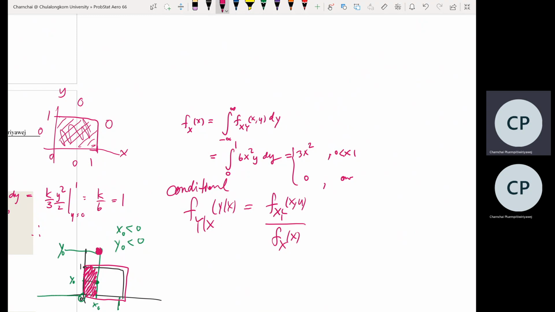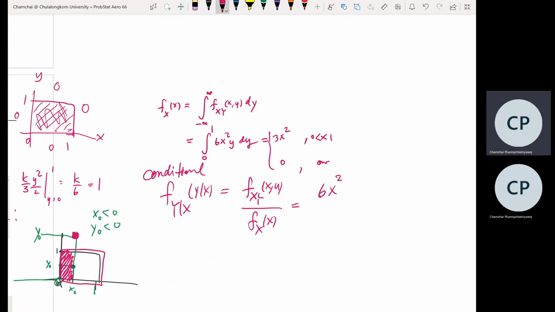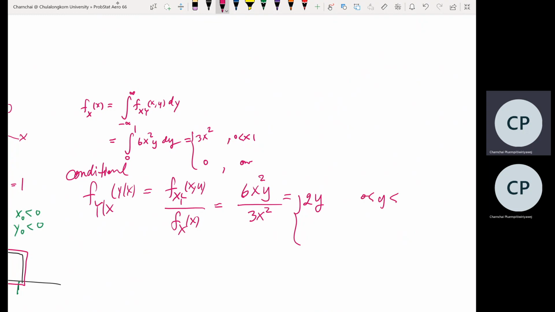So what's the joint? 6x squared y, right? Divided by the marginal x, which is 3x squared. So what's the answer? 2y, for y from 0 to 1, and equal to 0 otherwise. Very good.